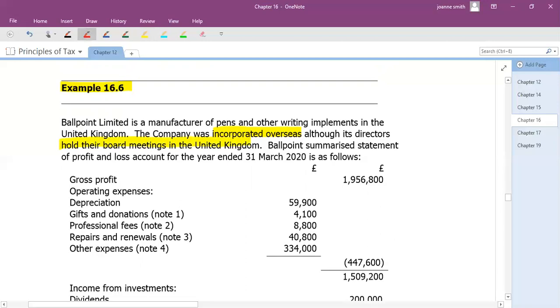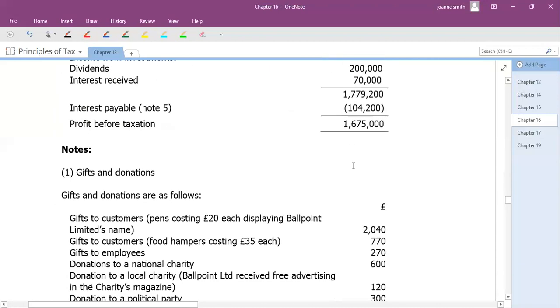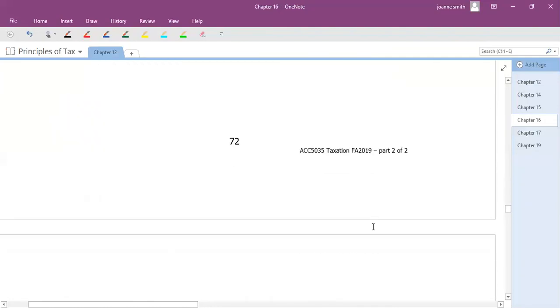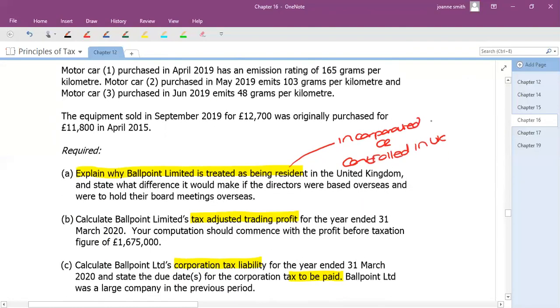So it's this point here that's making them UK resident, because they've got the control in the UK. So they haven't got that, but they have got the control. Control is deemed to be where you hold the majority or the most important board meetings, and they're all in the UK. So this is a business that is going to be subject to UK taxes. If they weren't, there really wouldn't be anything else left to do with the question.